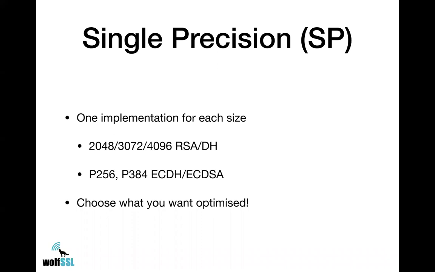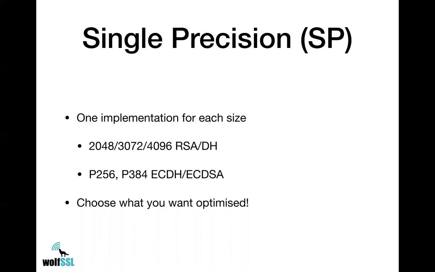But that doesn't mean you have to have all those built into your product if you compile in single precision. You can have just 2048 RSA, or 2048 RSA and P256 EC Diffie-Hellman, or just P256 EC Diffie-Hellman with ECDSA.